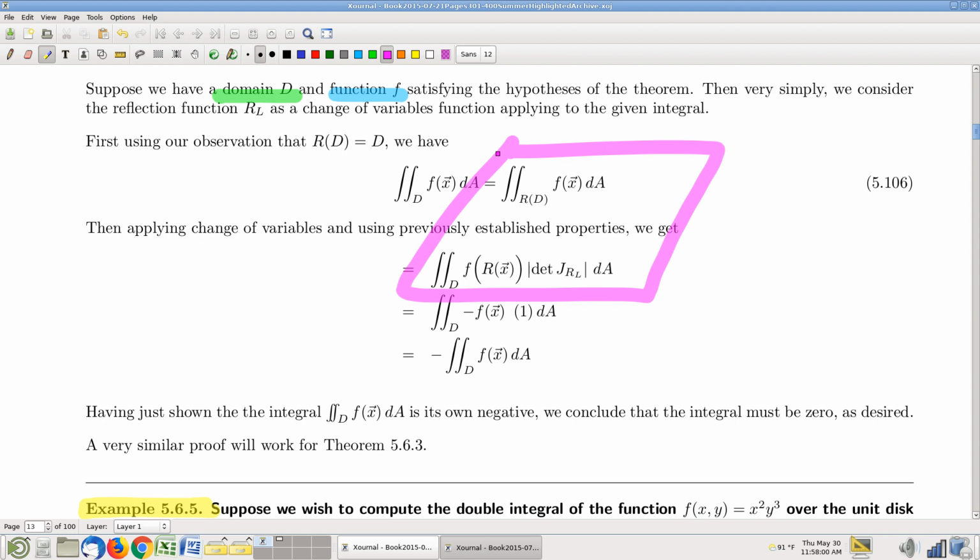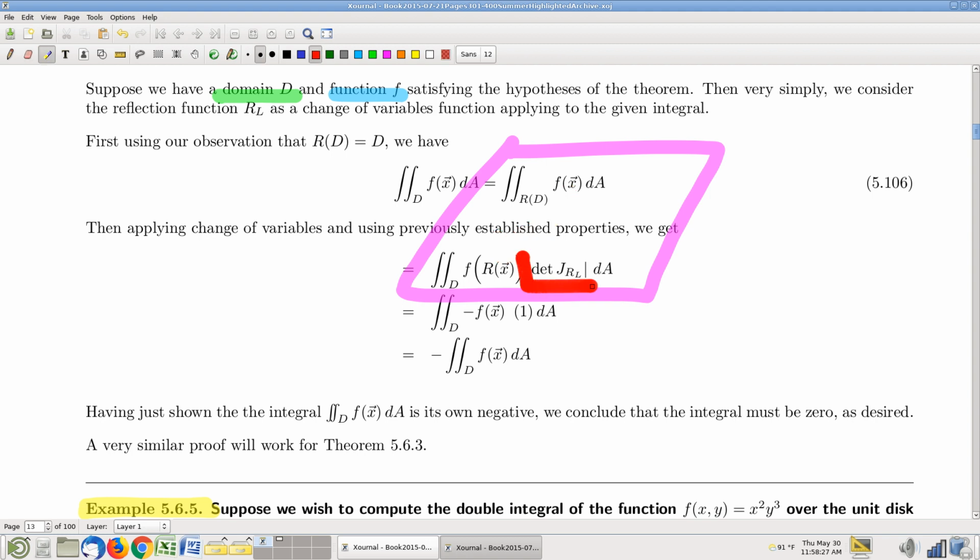Happens to be the same domain, but this is, let's say, the other domain D. Okay, so doing the pullback, we pull back to the pre-image, also D. We've got to plug in the change of variables outputs as functions of the change of variables inputs.